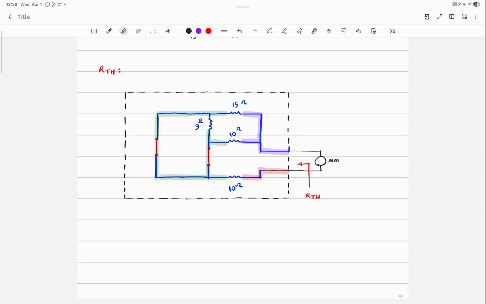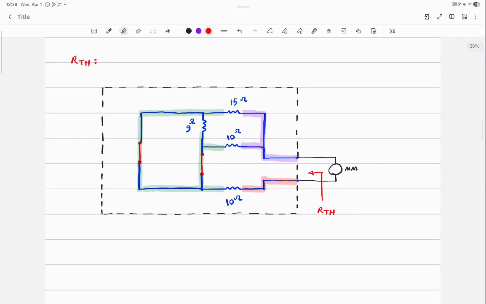Now, if I want to find which resistors are in series, which ones are in parallel, which ones are shorted, I just look at the colors. For example, the 15 and 10, what are they? Why? They have the same two colors. They are between the same two colors, green and purple, right?